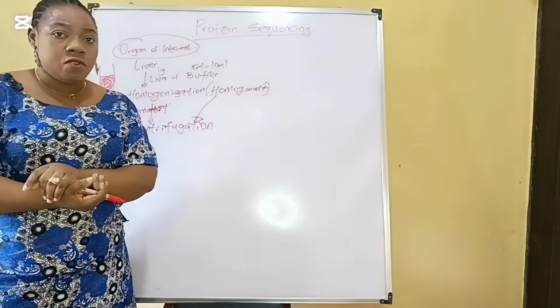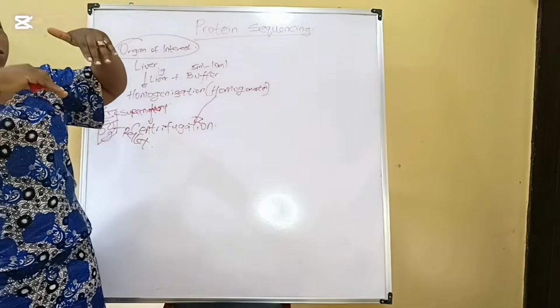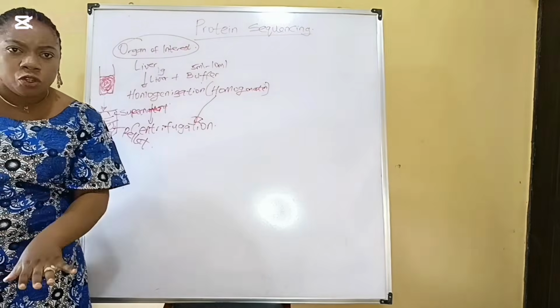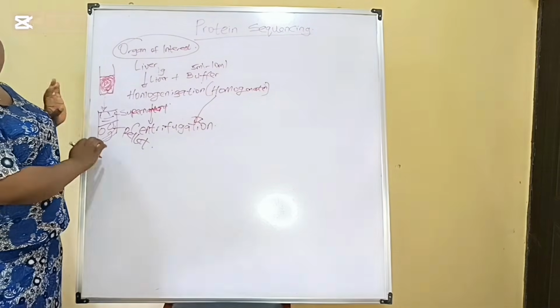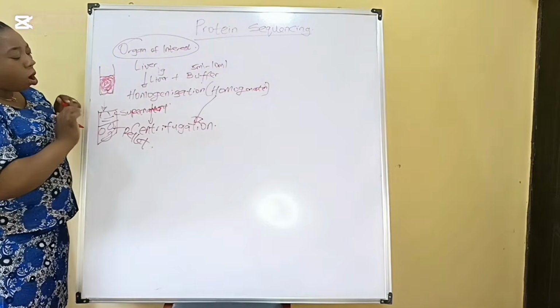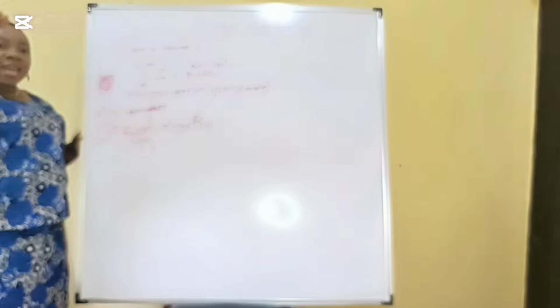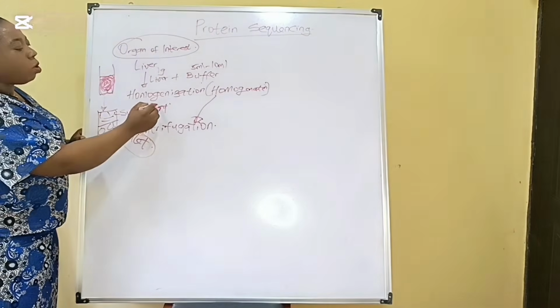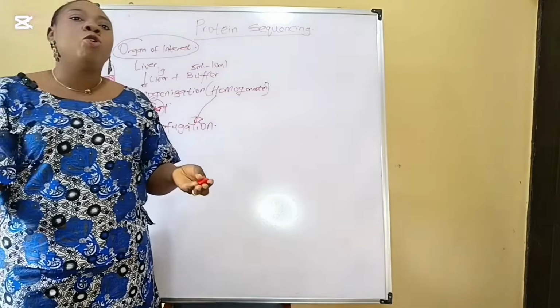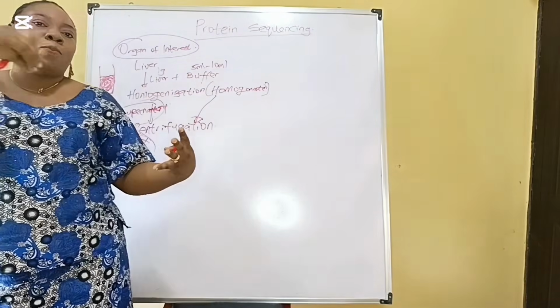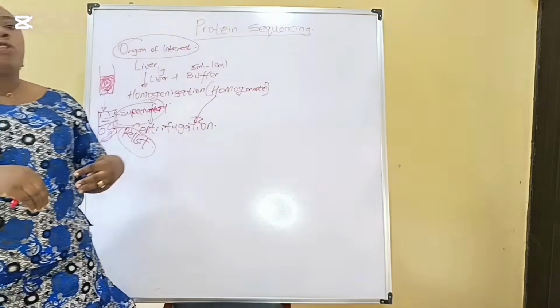So we are getting two things after our centrifugation. Some will be at the top, and some residues at the bottom of your tube. The ones at the bottom of your tube are what we call the pellets, and the ones at the top of your tube are what we call the supernatant. So we'll take another tube, and you will decant, you will pour the supernatant into it.